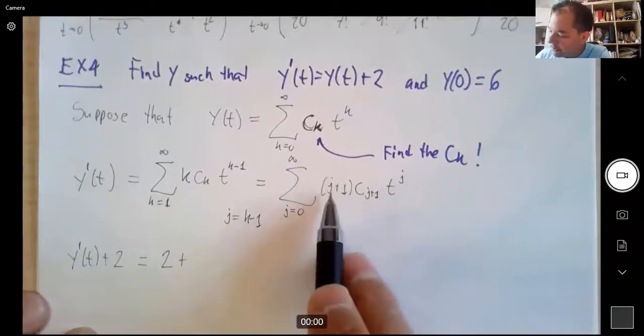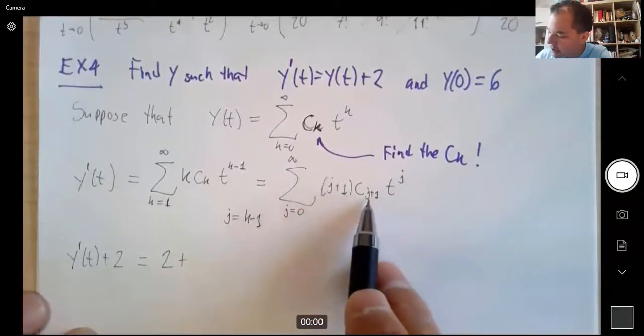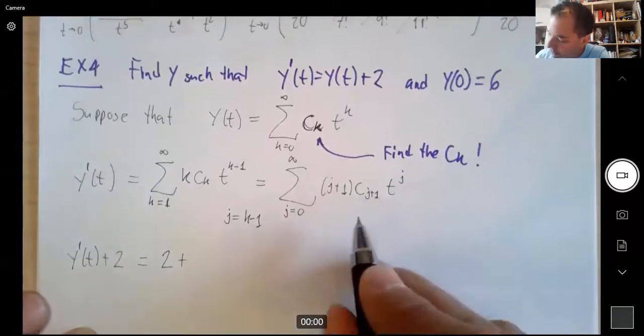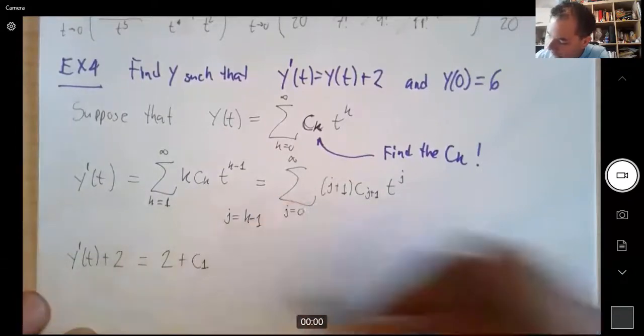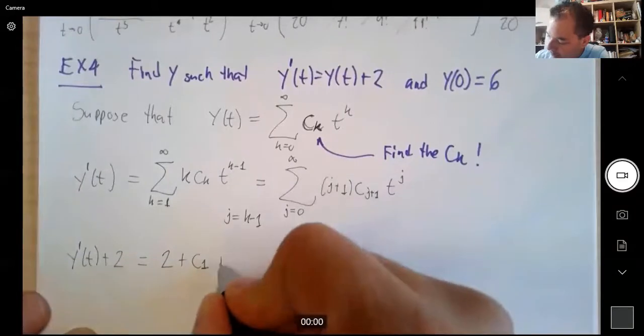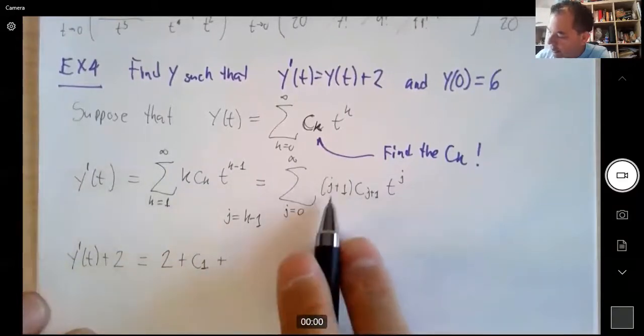So when j is 0, this is 1 times c1, so c1 times t to the 0. Then plus, the next one is when j equals 1.